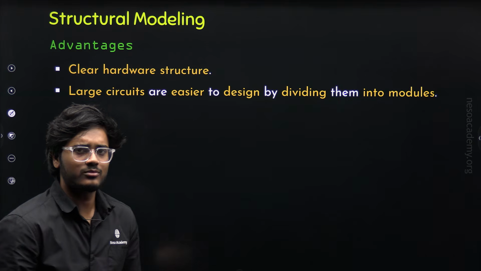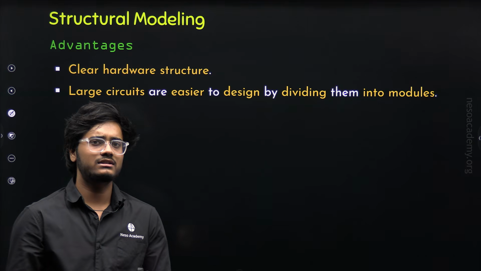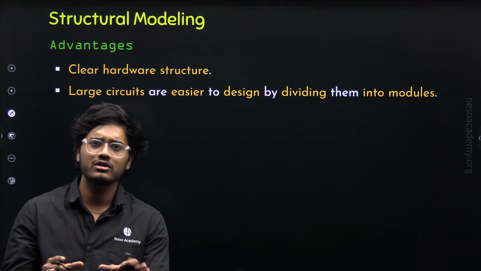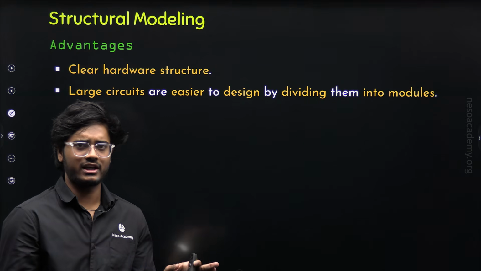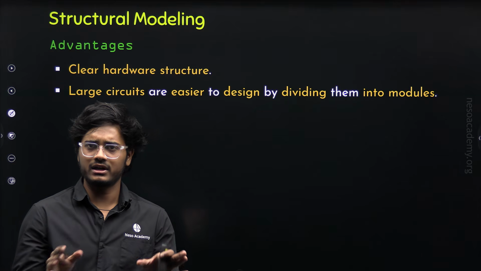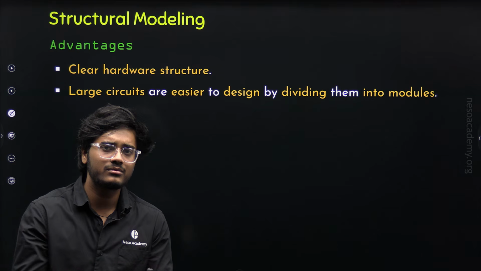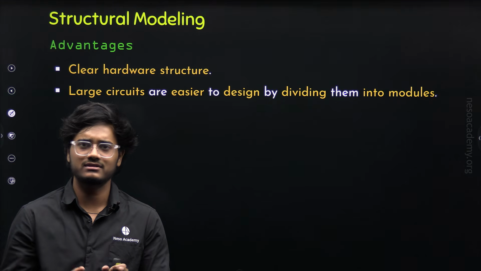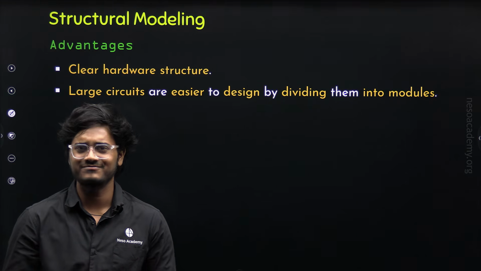Using structural modeling, we can create large circuits by breaking them into smaller modules or smaller components. Just like we saw, we created multiple components and then combined them together to create our larger circuit, which makes the overall process very easy.